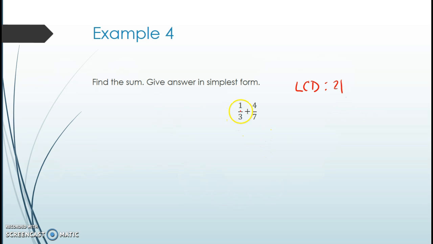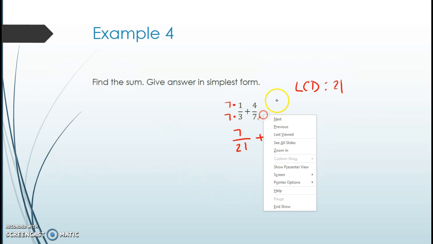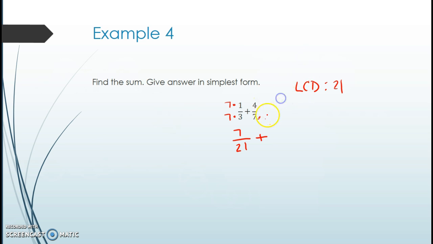And so in order to get 1/3 to have a denominator of 21, we're going to multiply the 3 times 7. And whenever I do the denominator, I need to do the numerator to keep it equal. So 7 times 1 will give us 7, and 7 times 3 gives us 21. So that's our new 1/3. And we're going to add, and to get 7 to 21, we're going to multiply by 3.